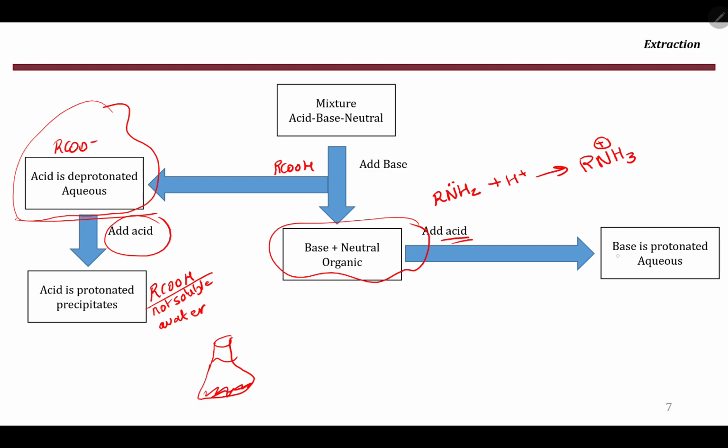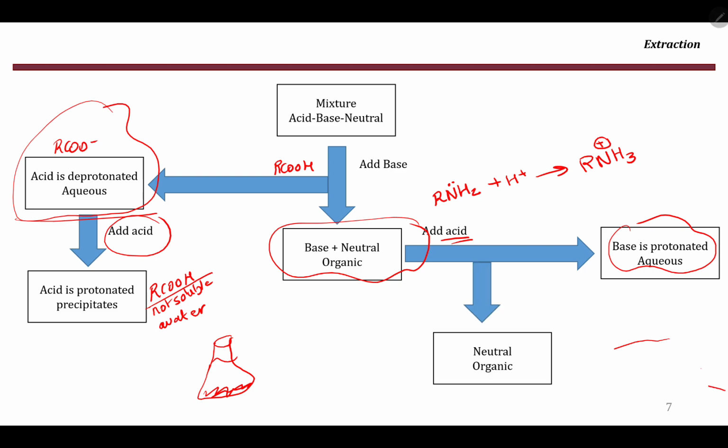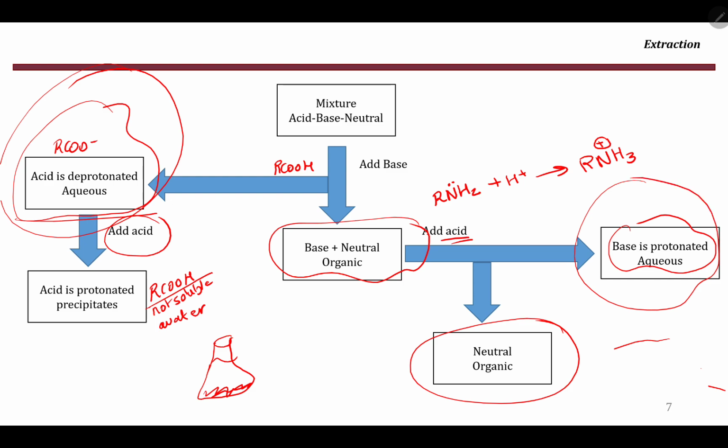Again, the protonated amine will go to the aqueous layer, and the neutral compound will stay in the organic layer. And as you can see here, now I separated the compounds. This is the acid, this is the neutral compound in the organic layer, and this is the base in another aqueous layer. And this is how we separate compounds using acid-base extraction.